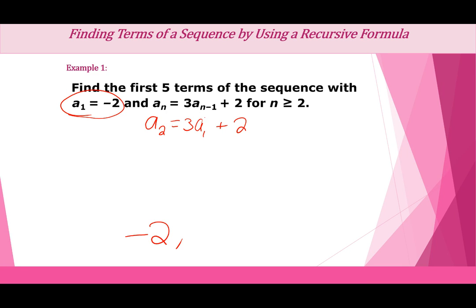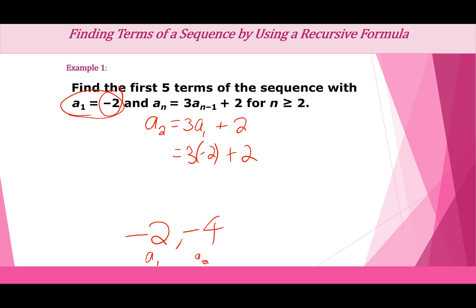We already know the A1 term is -2, so this is really 3 times -2 plus 2. So the second term in the sequence is -6 plus 2, which is -4. So there's your second term in the sequence. That's A2. This is A1.